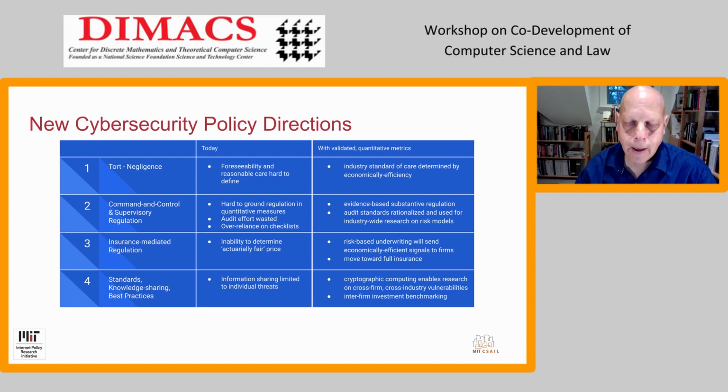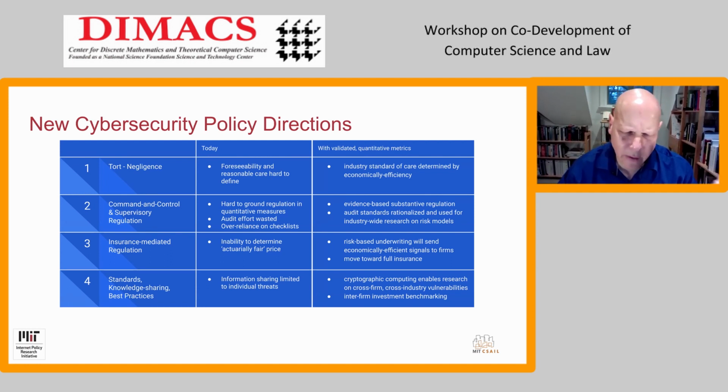Cybersecurity policies, when you evaluate them, actually have very high deductibles, very low recovery caps, and don't tend to set very efficient standards for the performance of their insured entities, of their customers. The result is that the insurance industry is not able to send an economically efficient signal to firms, and we are not able to move towards the most efficient posture of full insurance, simply because there's no ability to determine the actuarially fair price for insurance.